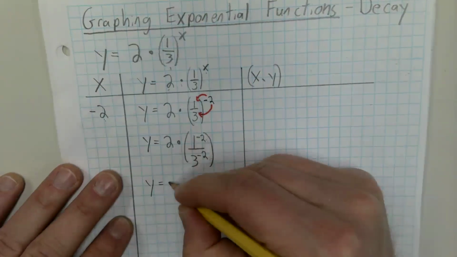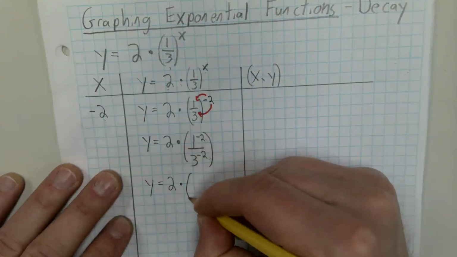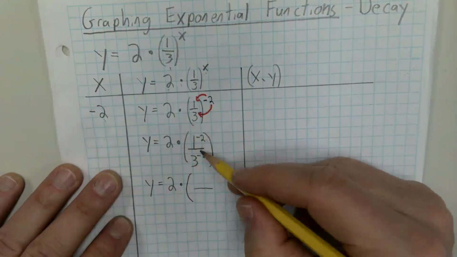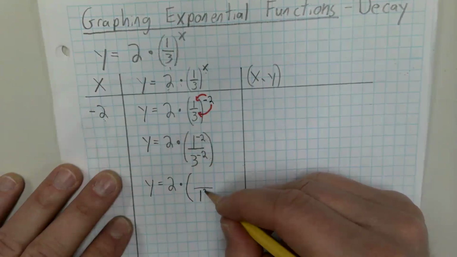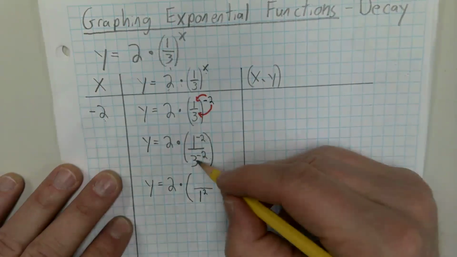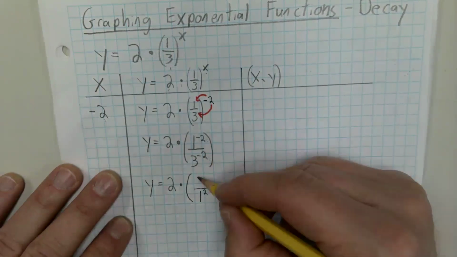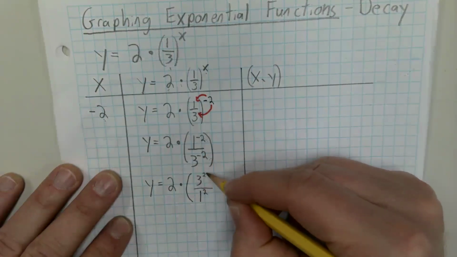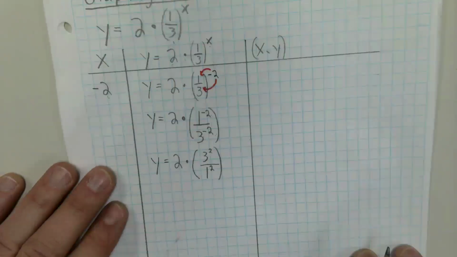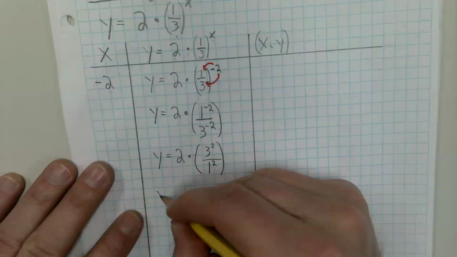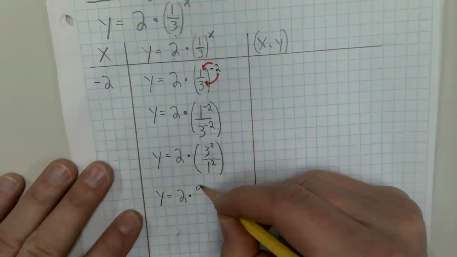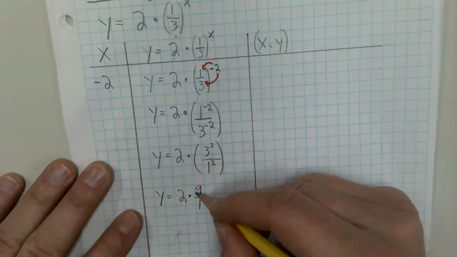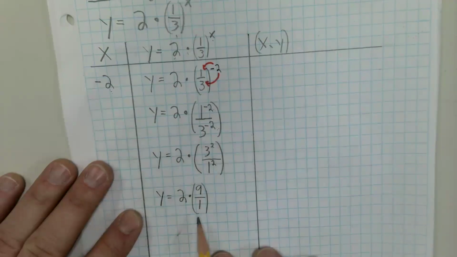So I got a lot of steps here, but this is going to turn into 1 to the -2 is going to go down to the denominator squared, and 3 to the -2 is going to go up to the numerator, 3 squared as well. All this, y equals 2 times 3 squared is 9. 1 squared is 1. 9 over 1 is the same thing as 9.